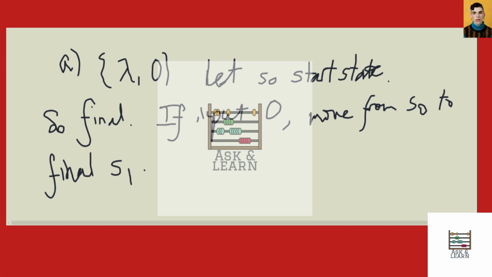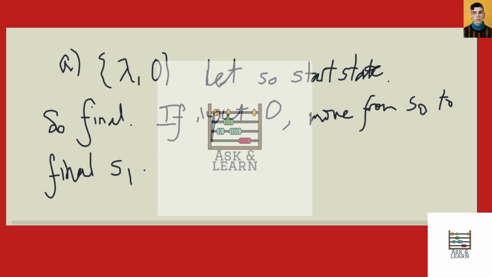Call this final state S1. And from this, we've obtained a non-deterministic finite-state automaton that will recognize the strings lambda and 0, but no other strings.